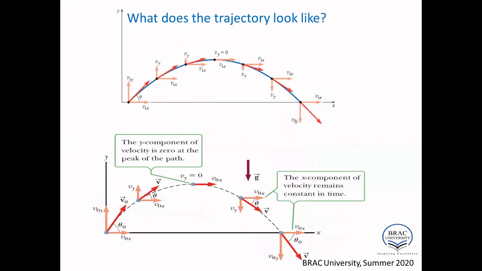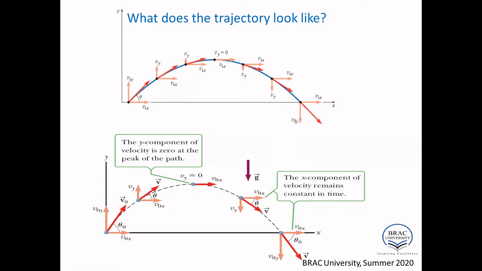Now, what does the trajectory look like? The figure shows the trajectory of a particle and also the components of the velocity vector. The initial velocity has components vix and viy. You can also write just v naught x and v naught y. It's totally up to you.